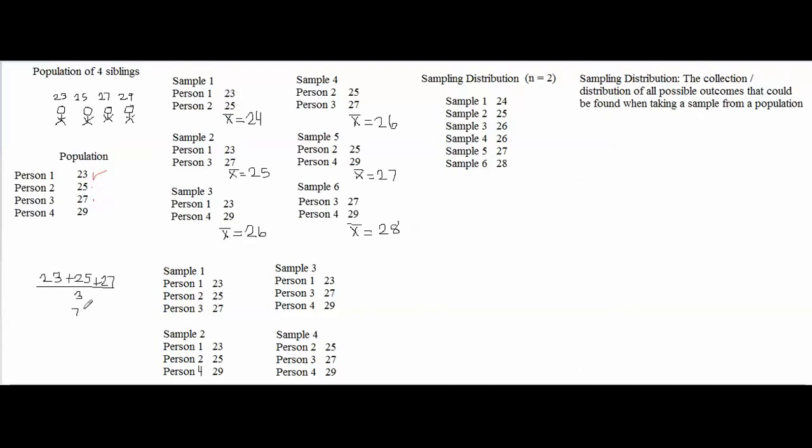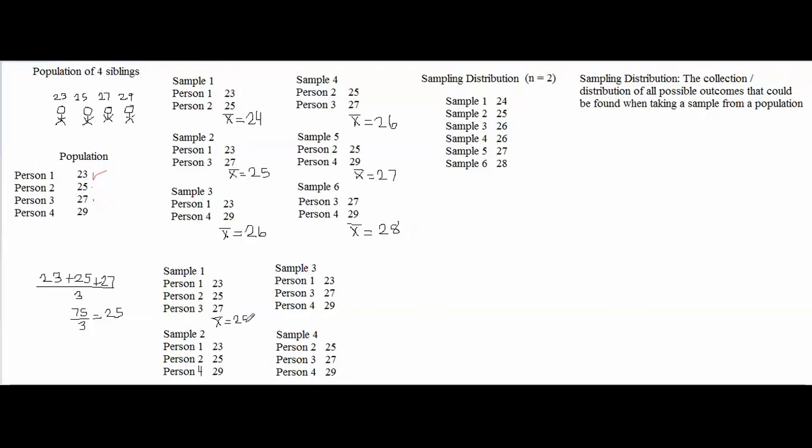Comes out to 75 over 3, because these numbers add up to 75. 75 over 3 is 25. You get 25 when you divide 75 by 3. Remember, the symbol for a sample mean is x bar, so we'll say x bar equals 25.